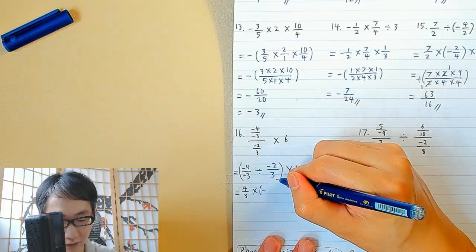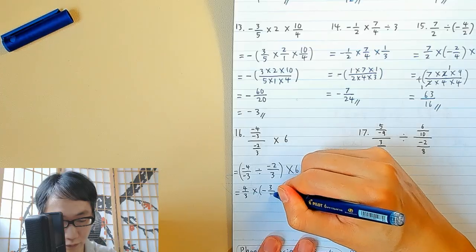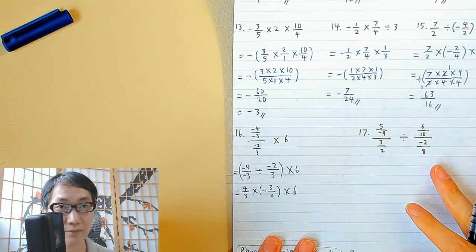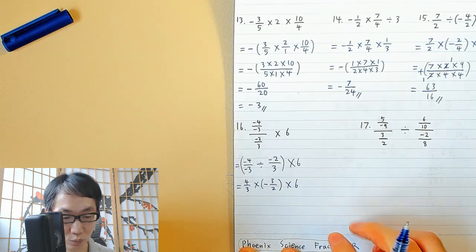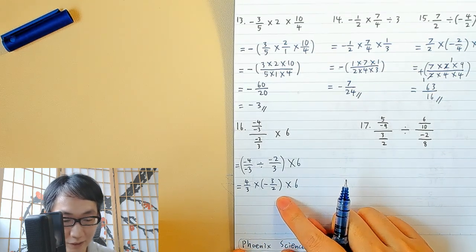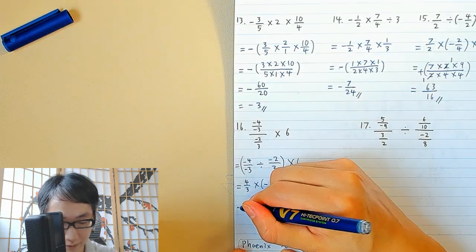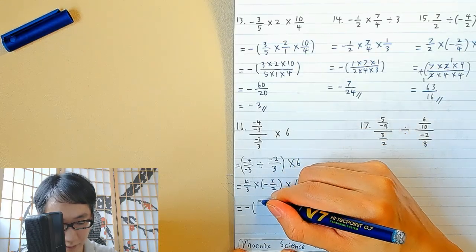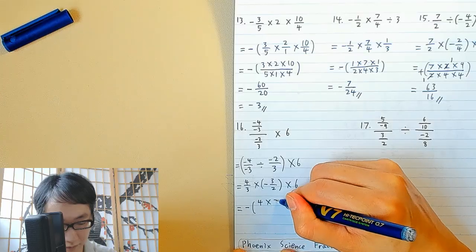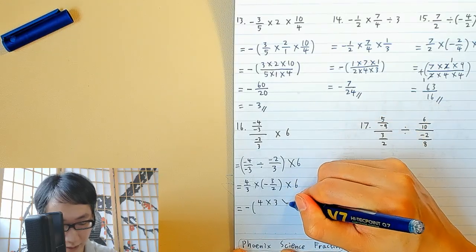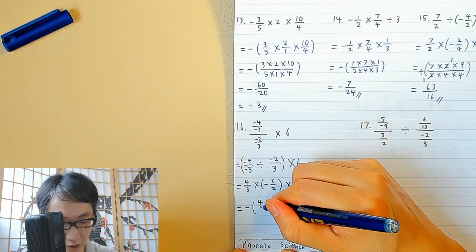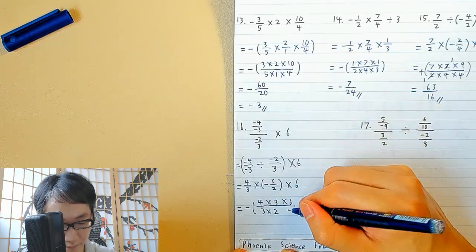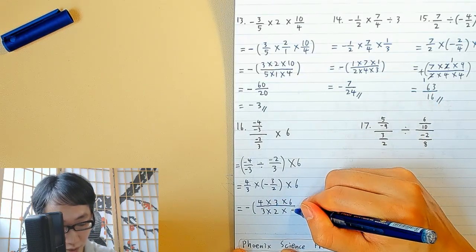And the inverse of this is 3 over 2, and times 6. Okay. One of them is negative, so the answer should be negative. And it equals negative. The numerator is 4 times 3 times 6. And the denominator is 3 times 2 times 1.